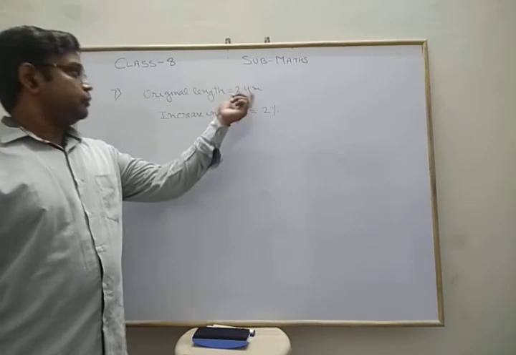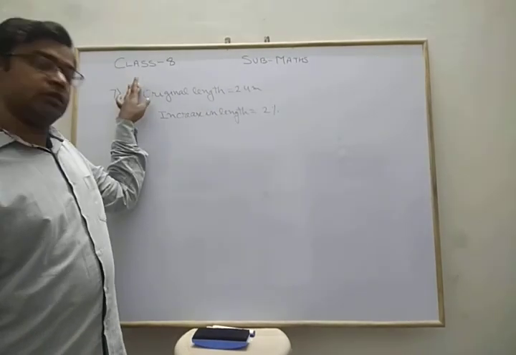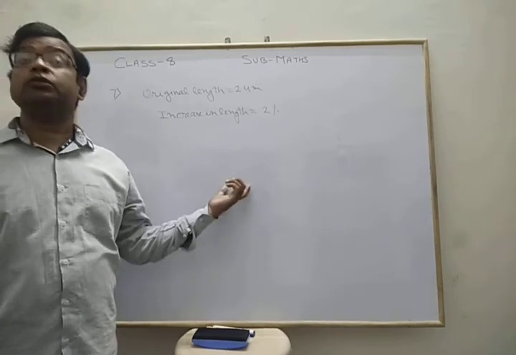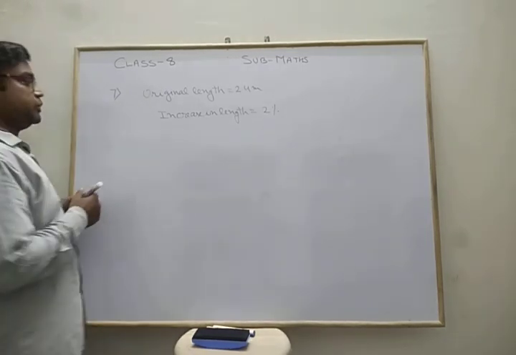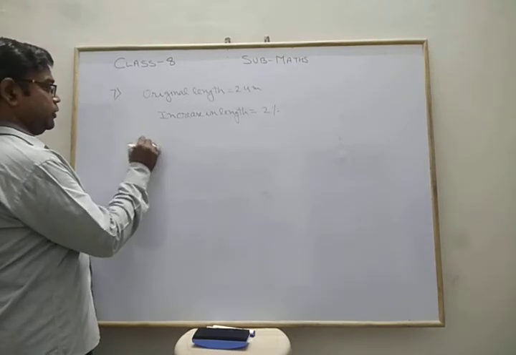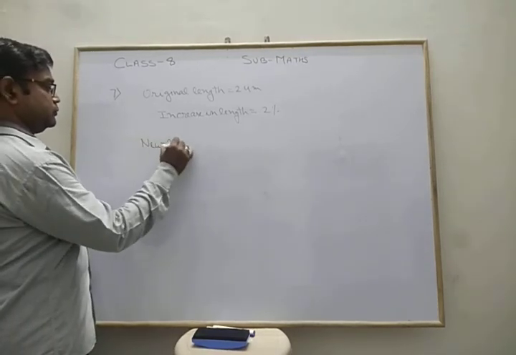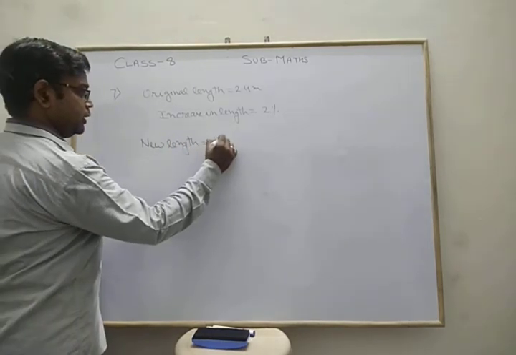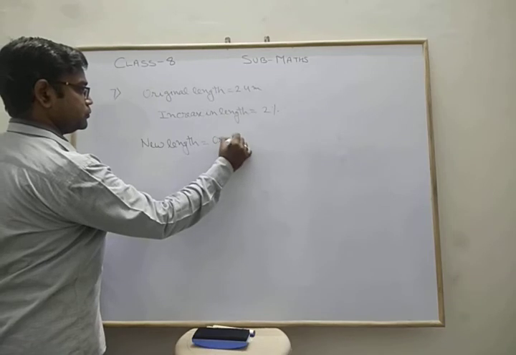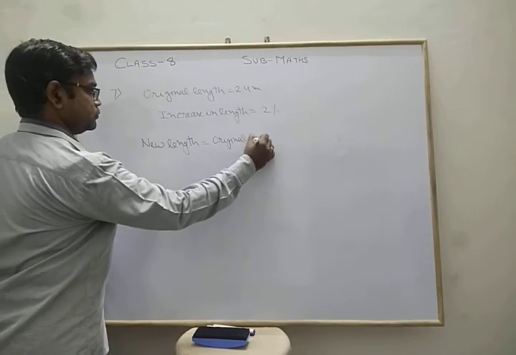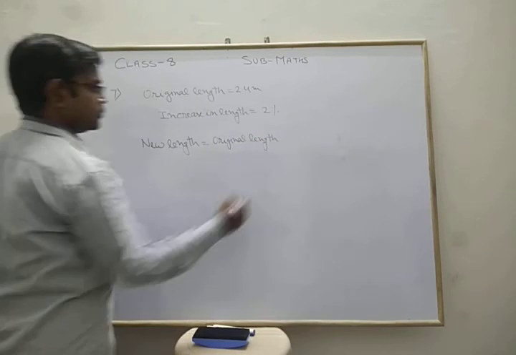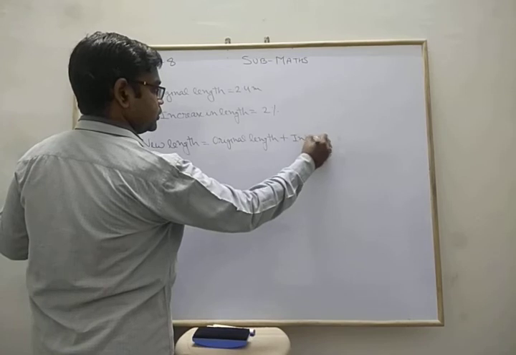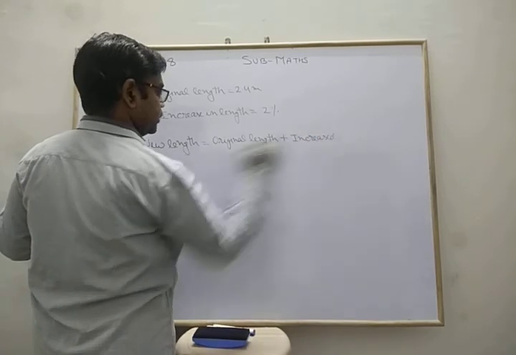For the new length, the original length must be there, and out of this, 2% is also added. So first we write new length equals original length plus increase.